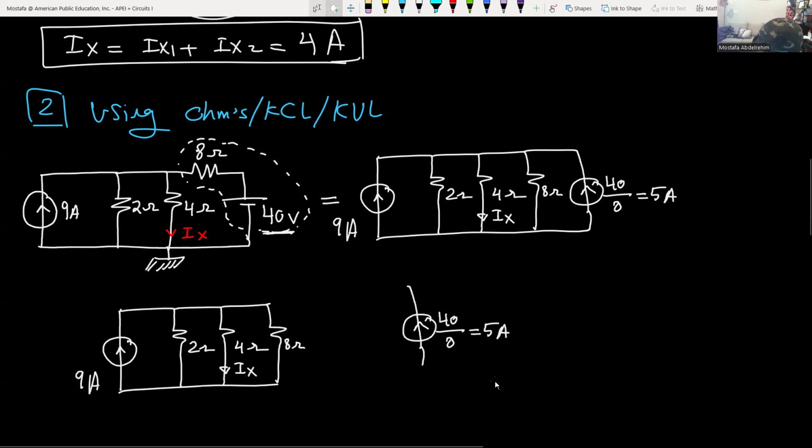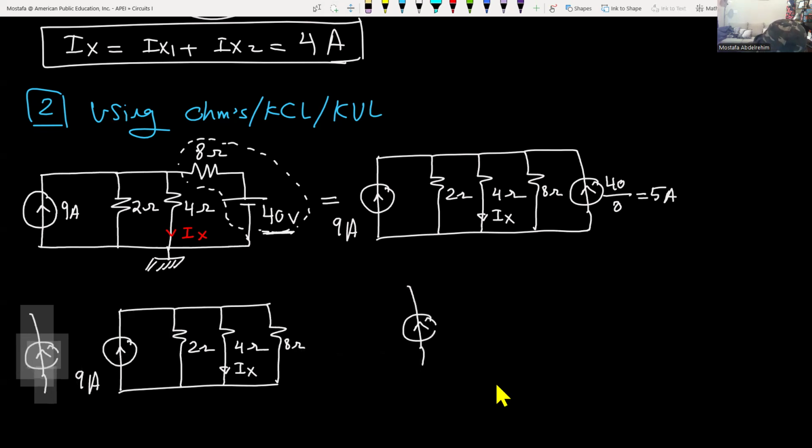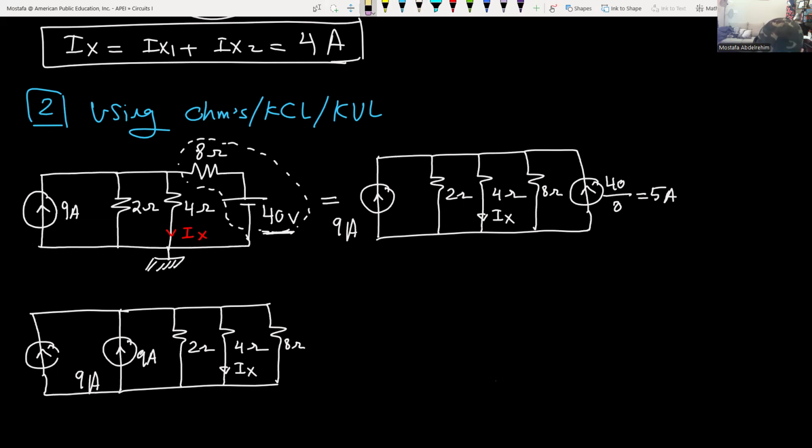Also, let's remove this mess first. So that's 9 amperes and that's the 5 amperes. Why did I do that? To make it easier for you. I can just solve with this circuit here, which is very okay. But just to make it more imaginable for you, the current in here is 5 plus 9, it is 14 amperes.